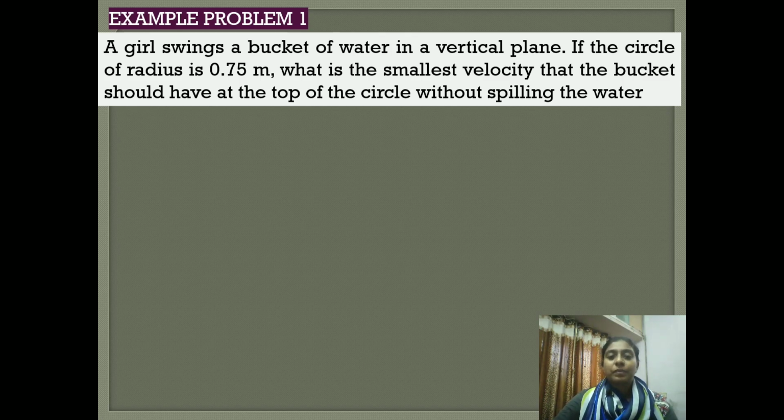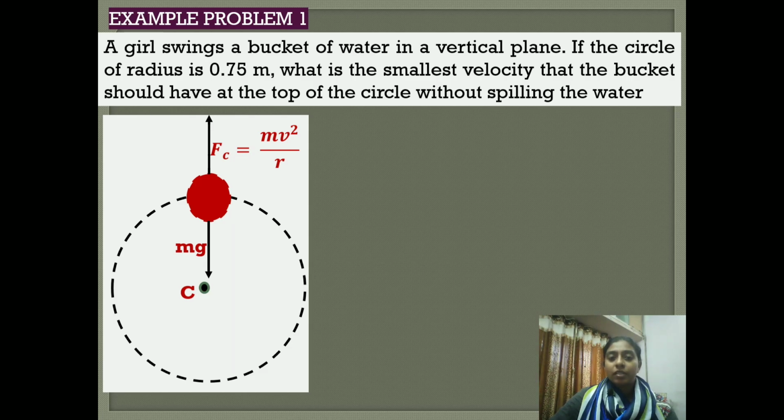First problem. A girl swings a bucket of water in a vertical plane. If the circle of radius is 0.75 meter, what is the smallest velocity that the bucket should have at the top of the circle without spilling the water?